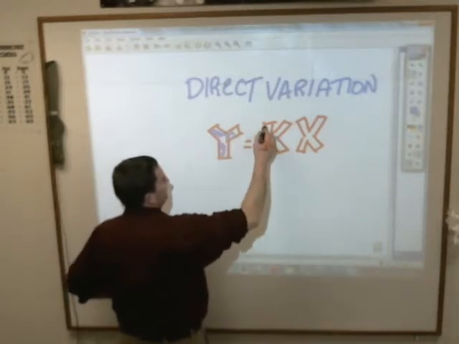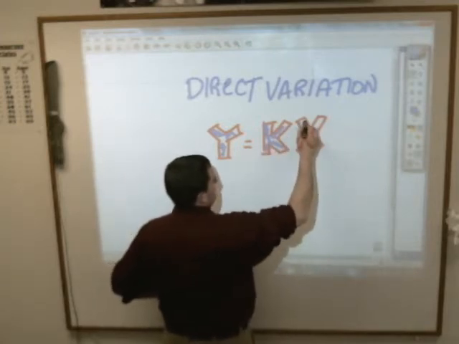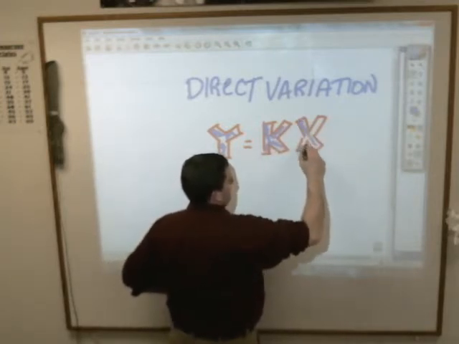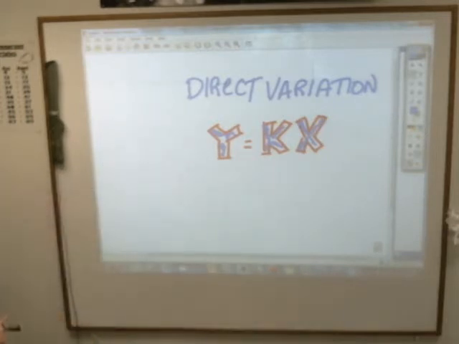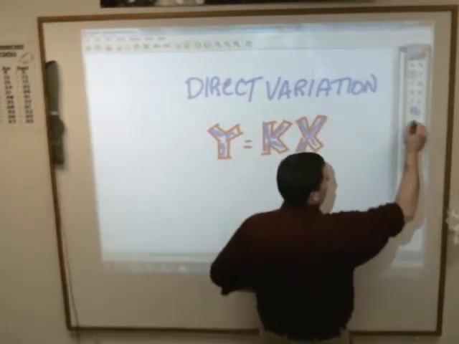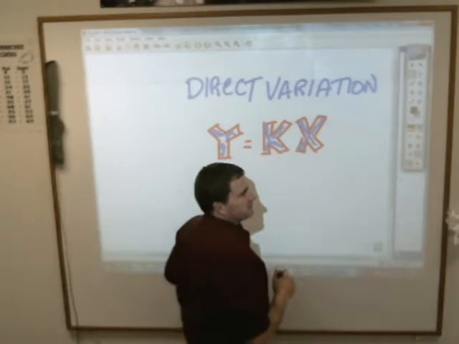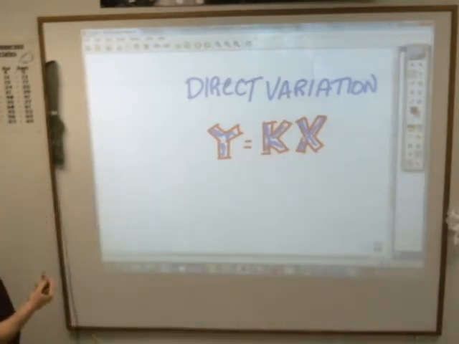The direct variation equation is this. This is what you should have as the first thing in your notes, and we'll refer back to it and talk about it later. This is one of those things in math which is really the same as something else, but they just call it something different, I think just to confuse everybody.